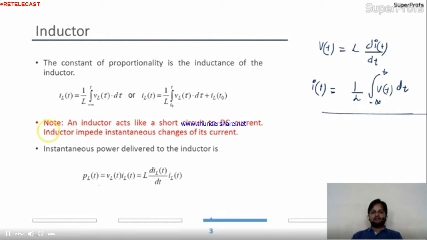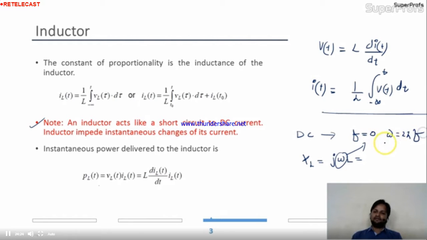Now please try to understand this note point. An inductor acts like a short circuit to DC current. Why? DC current means frequency is 0, no frequency, right? And we have seen the inductive reactance is j omega L. Omega is nothing but 2 pi f. F is 0, so omega is 0. So this is 0 ohm. What is the meaning of 0 ohm? It means you short circuited two points.